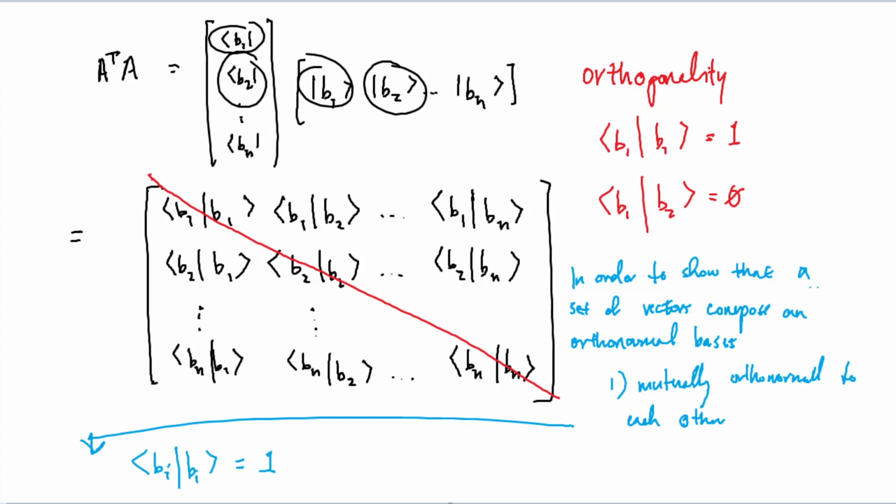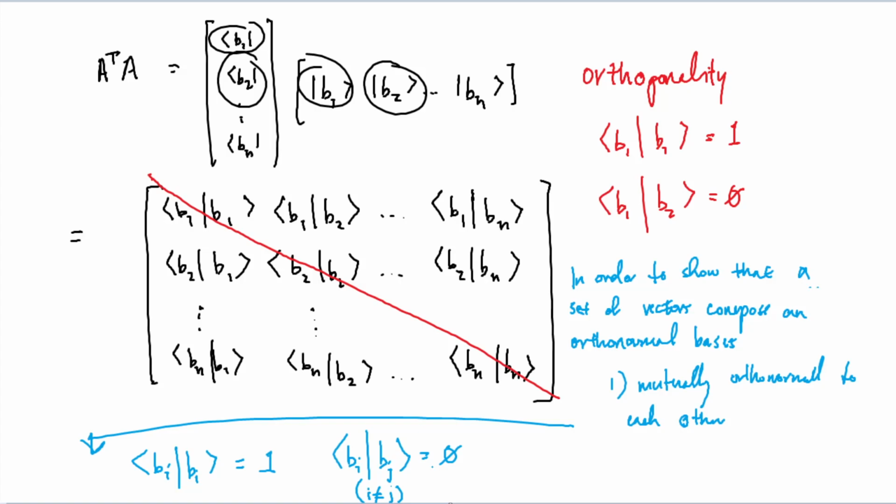The second condition is that for bi multiplied by bj, where i does not equal j, ideally this should be equal to 0, just because they are, again, quote-unquote perpendicular to each other, as we established previously.